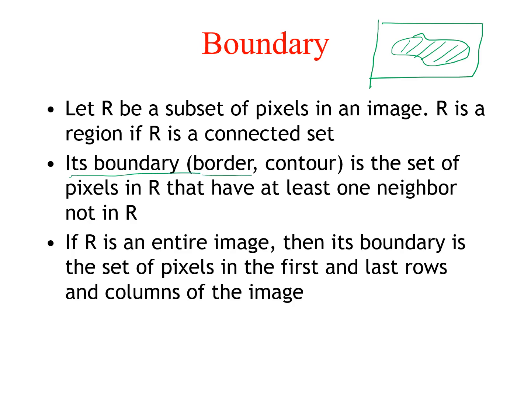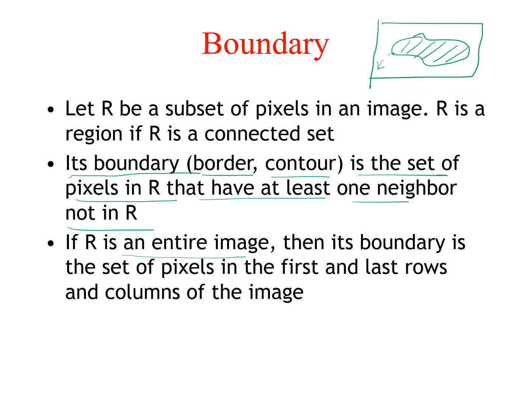Its boundary or border or contour is a set of pixels in R that have at least one neighbor not in R. So what I said before, if you take any pixel here, at least one neighbor of this pixel will be outside the region. If R is an entire image, then its boundary is the set of pixels in the first row, last row, first column and last column.